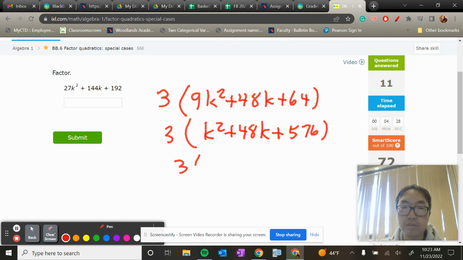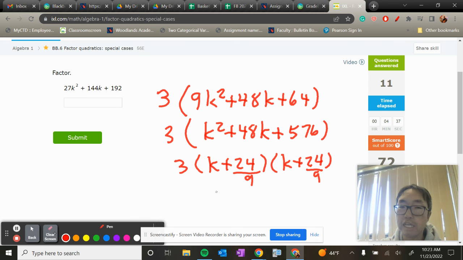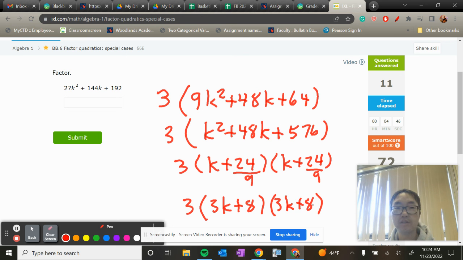And both numbers are 24. I divide both of them by 9. I simplify the fraction. I get 8/3, which means I put the 3 in front and the 8 stays over here. And that's my final answer.